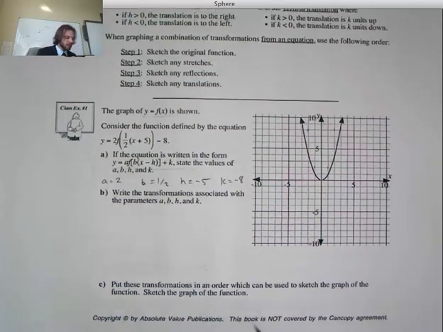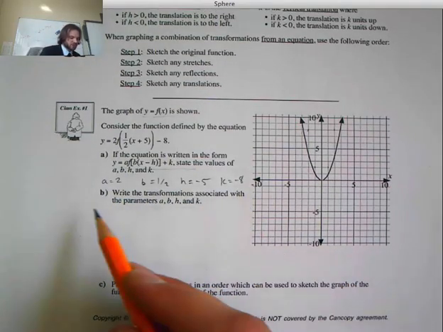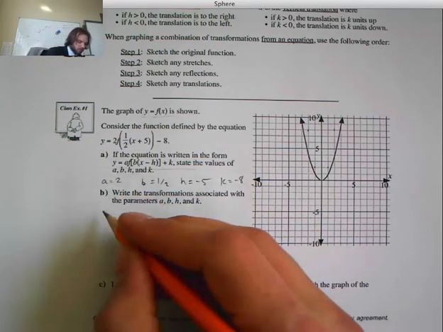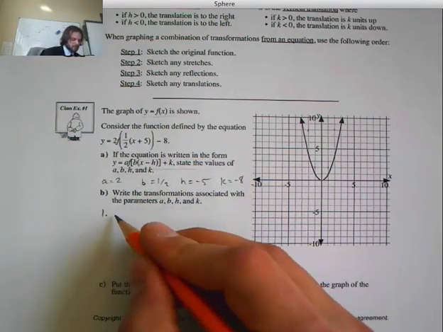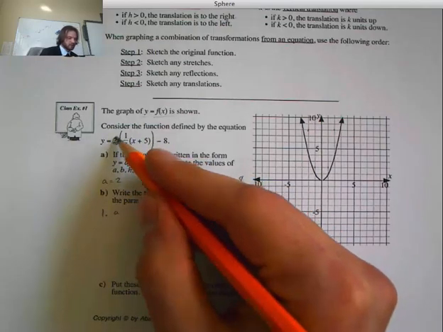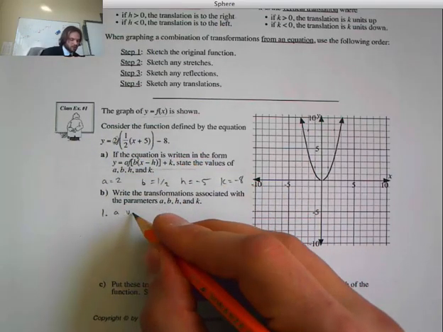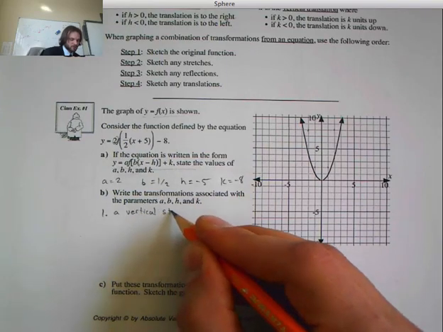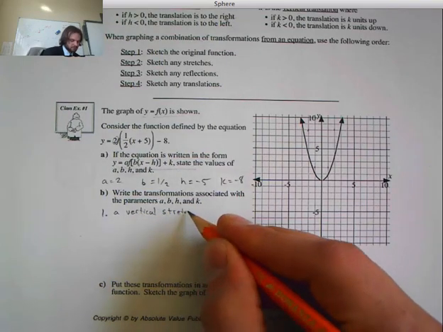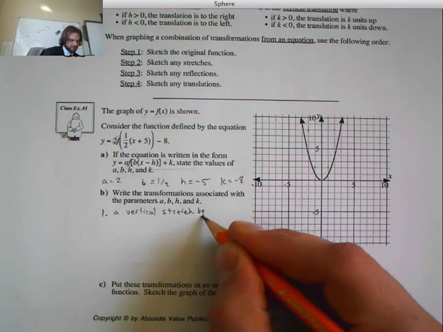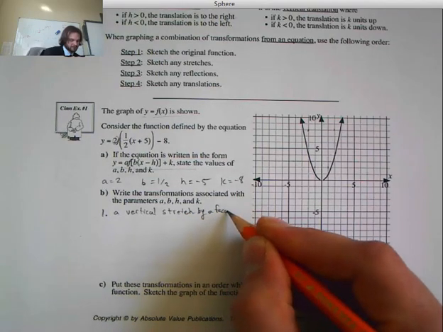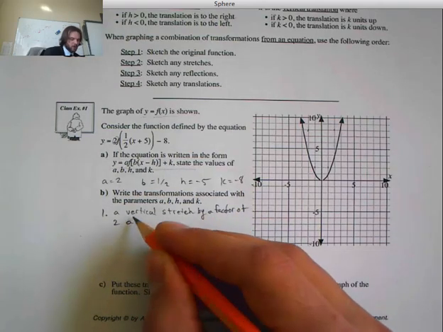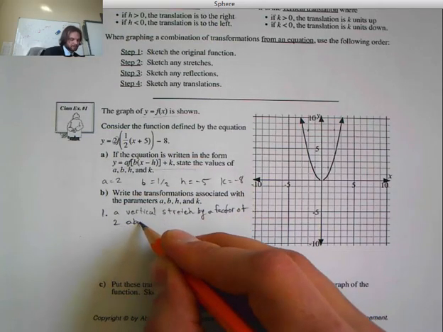Next it says, write the transformations associated with the parameters a, b, and h. Well, number 1 is a. A, right here, it's on the outside, is a vertical stretch by a factor of 2 about the x-axis.